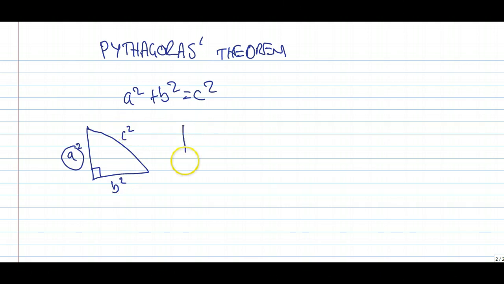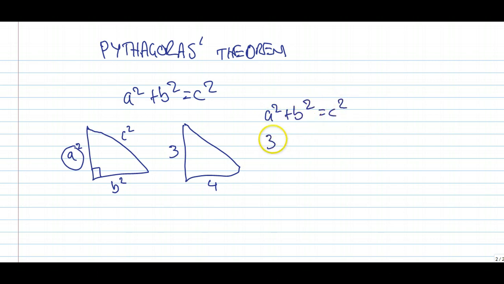So let's do an example. If we've got a right-angled triangle and this side is 3 and this side is 4, then our equation a squared plus b squared equals c squared, we substitute in the values. 3 squared plus 4 squared equals c squared. 3 squared is 9, 4 squared is 16, so that equals 25.